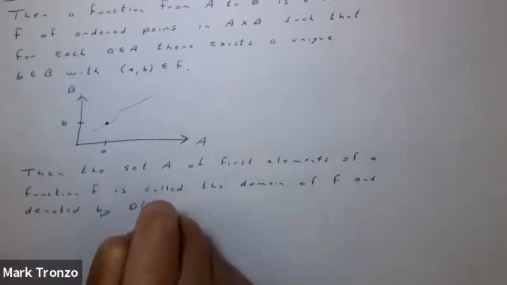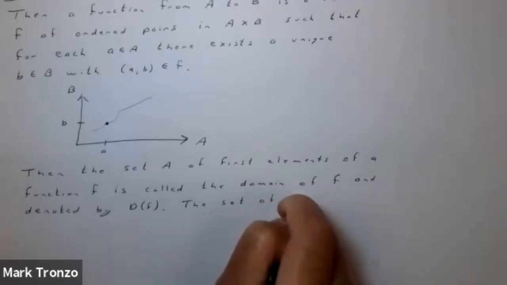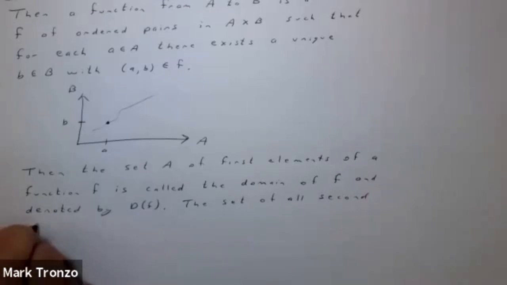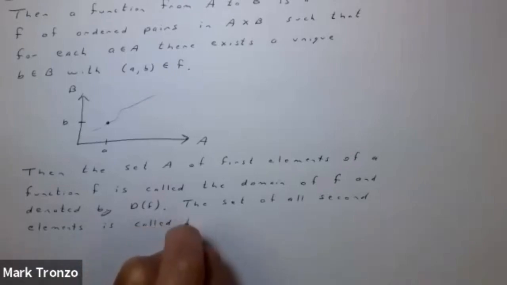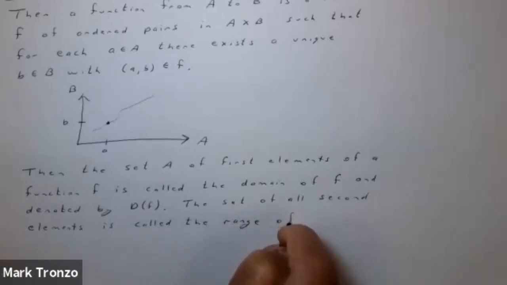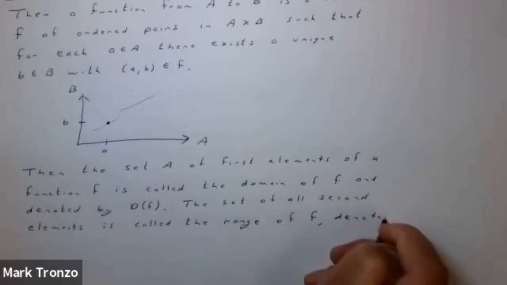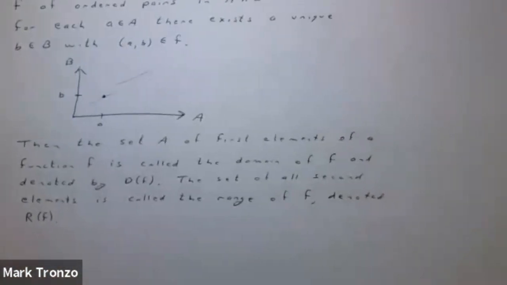The set of all second elements is called the range of F, sometimes denoted R of F like that.